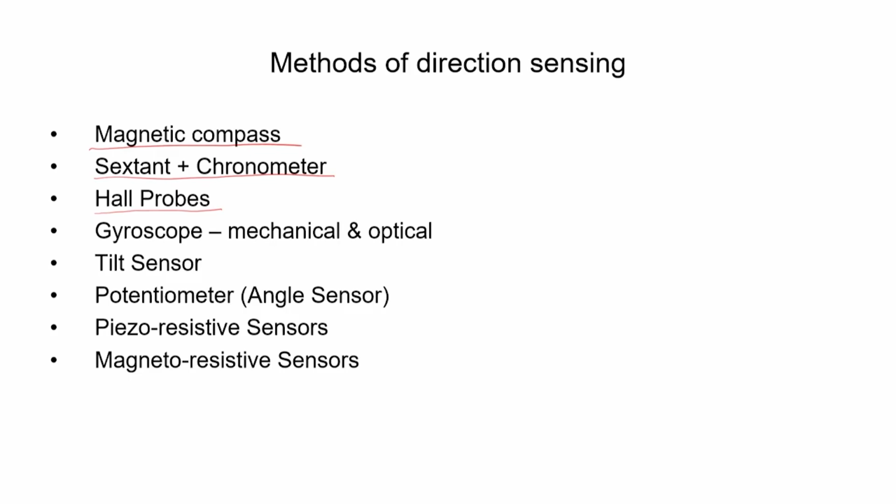However, can we have something which is even independent of this magnetic field? Well, the gyroscope can exactly do that. There are 2 versions of it, mechanical and optical, we will see to that. Now, these are the sense of direction, we can say the global direction sensing, which is needed for navigation. But sometimes you do not need a global direction, but just a local change that can happen.